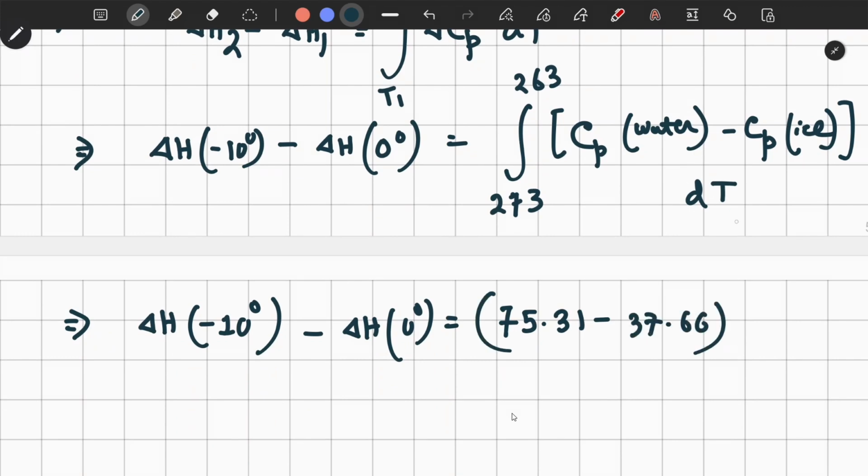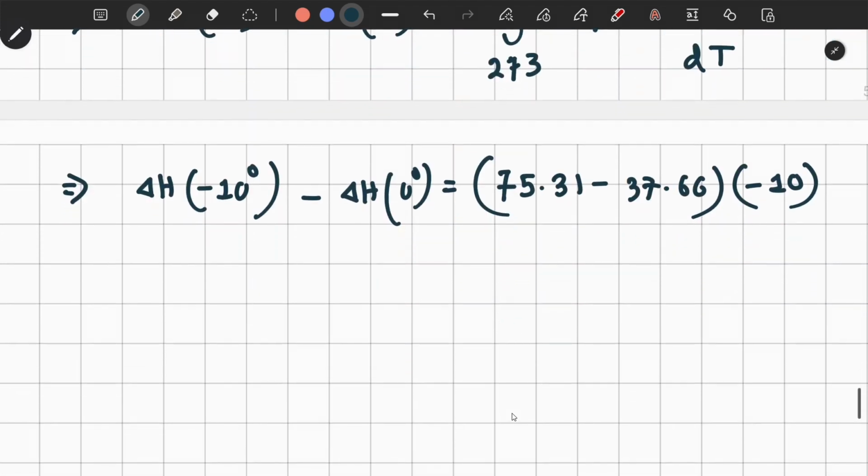And it will be delta T, which is minus 10. Clear? Yes.